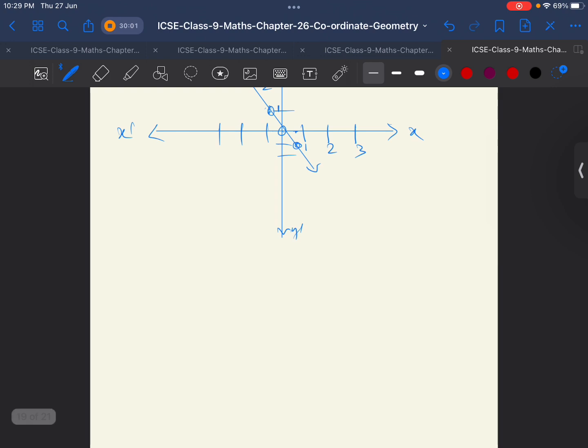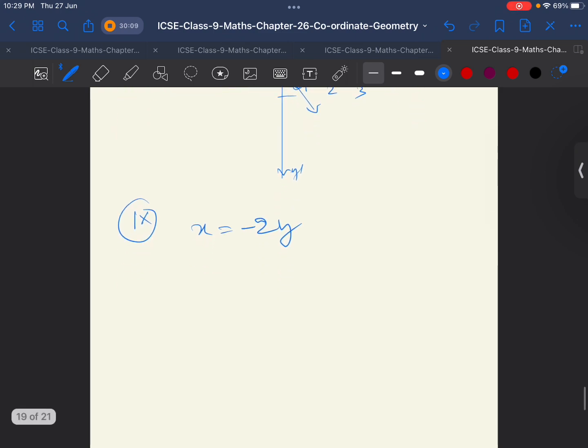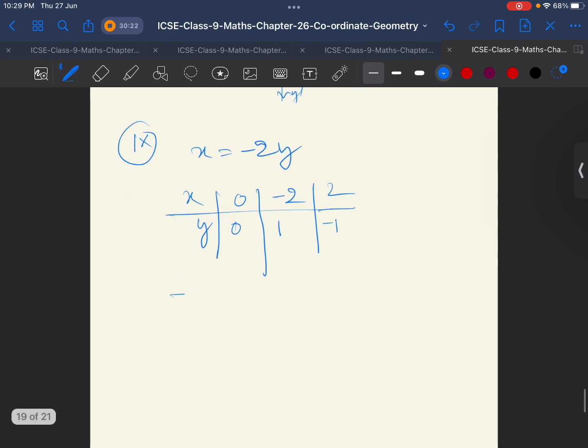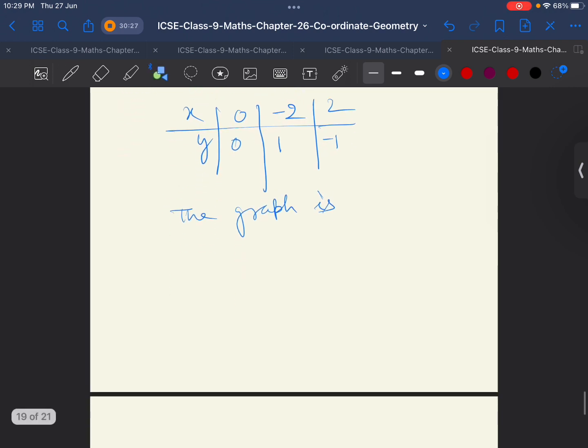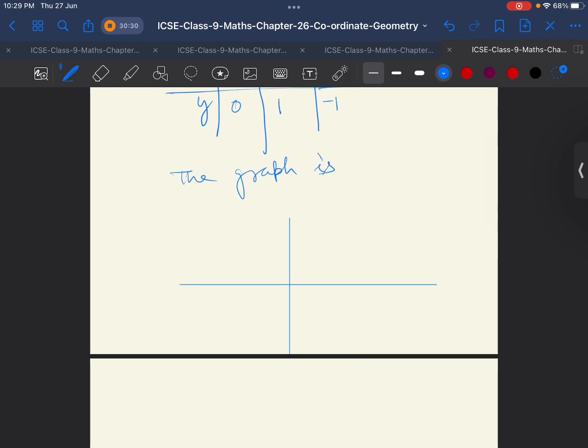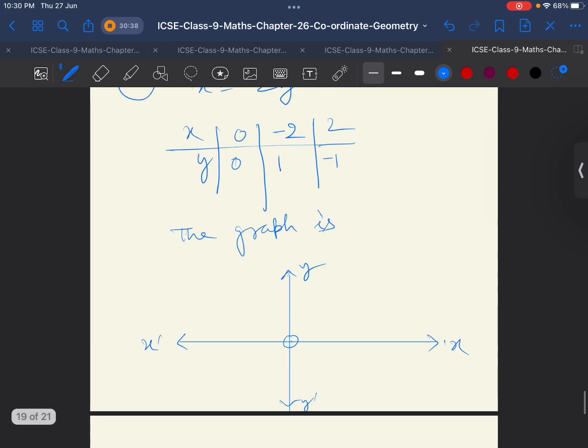Now 9, x equals minus 2y. Okay, so the table is here: y 0, x 0; y 1, x minus 2; y minus 1, x 2. So the graph is x dash, y dash.